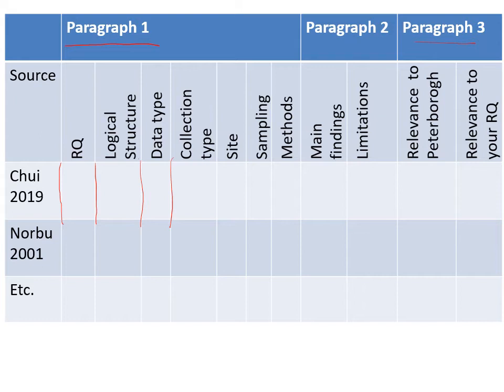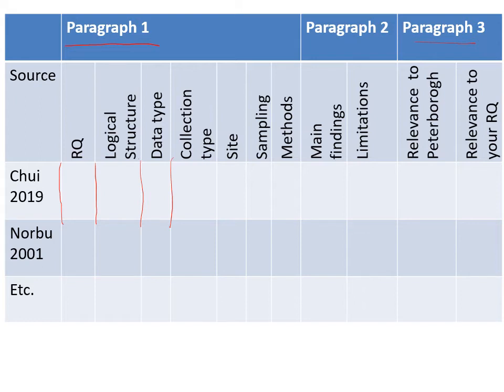So maybe you'll notice that some of your sources had identical or very similar research questions, or that they used a particular kind of data, or they collected data in a particular way, or that their findings tended to come down on one side or the other of a particular position, that maybe all of them addressed particular kinds of limitations, or maybe they were all relevant in one of three ways to Peterborough.